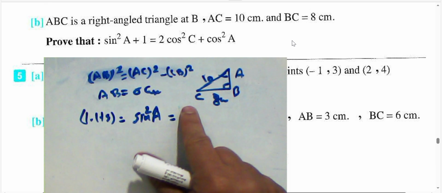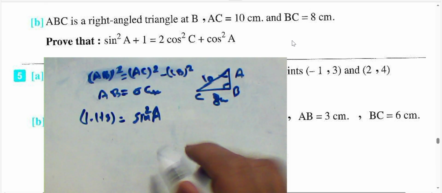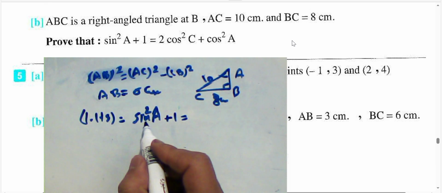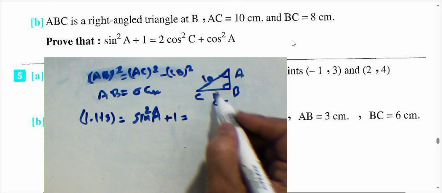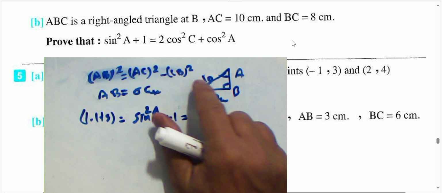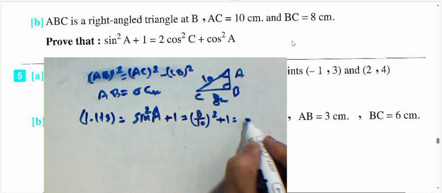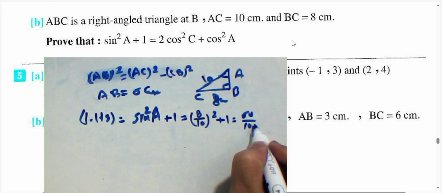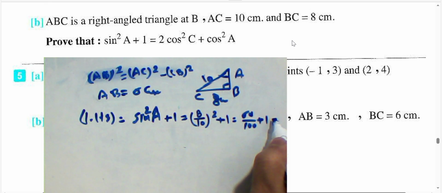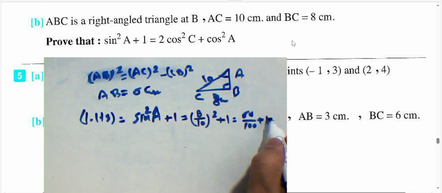Then to solve the example, the left hand side is sine squared A plus 1. Sine A equals opposite over hypotenuse, 8 over 10 squared plus 1. It will be 8 times 8, 64 over 100, plus 1. It's an easy question, or not?